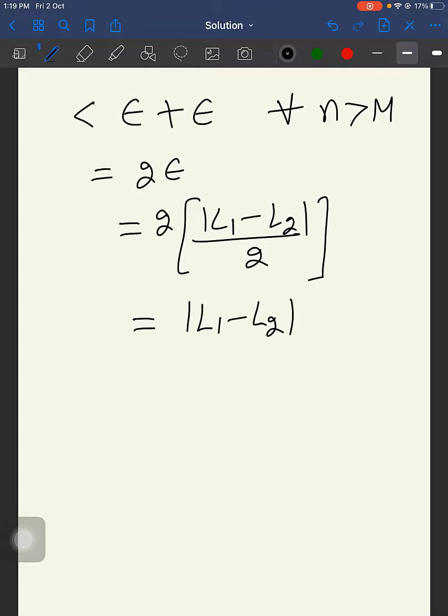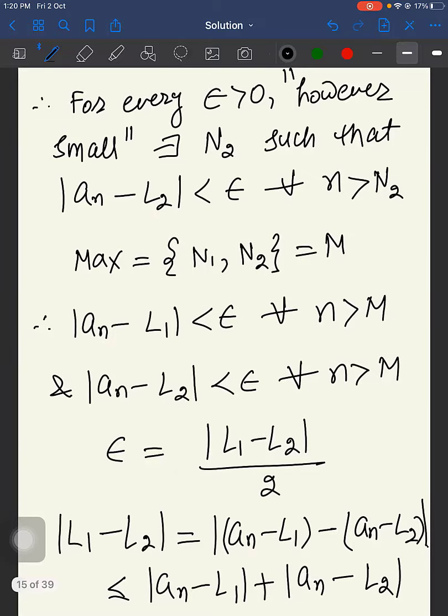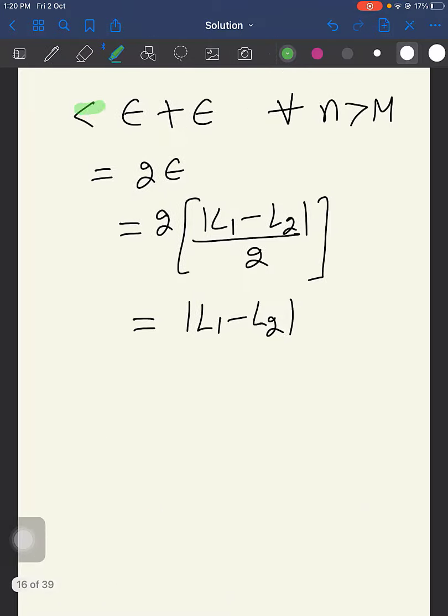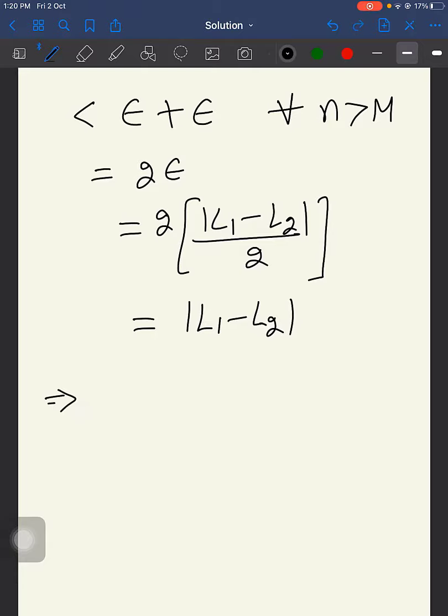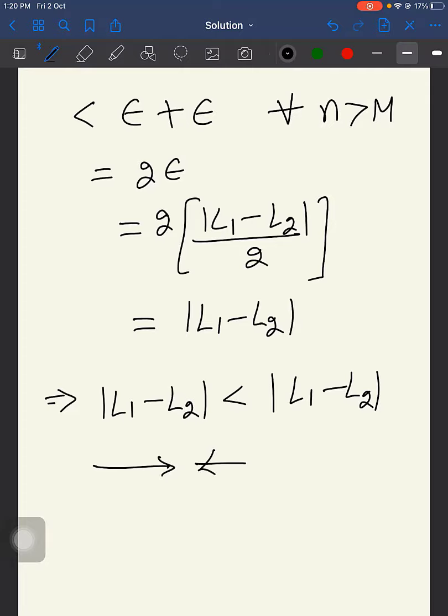Now this is something which is wrong. Why? Because we started from |L1 minus L2| and we get a strict inequality over there. So finally the whole thing means that the absolute difference |L1 minus L2| is less than |L1 minus L2|, which is a contradiction. So our supposition is wrong.